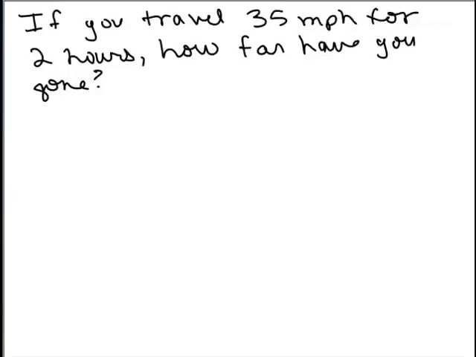So here's a quick and easy one for you to try. If you travel 35 miles per hour for 2 hours, how far have you gone? All right, so we can use this formula, rate times time equals distance. The rate is 35 miles per hour. Now, for the moment, I'm going to write this out the long way.